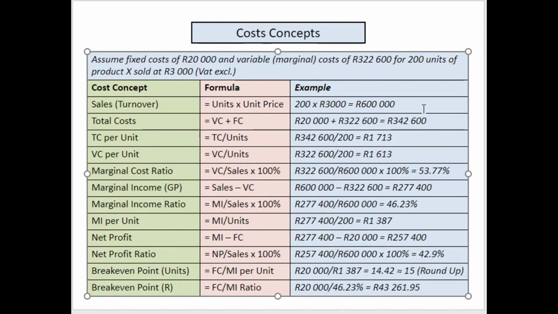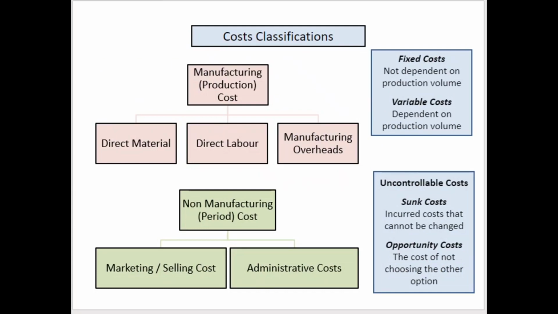Now, what we need to understand is that when we talk about cost, we're talking about the total cost, and the total cost is the sum of the variable cost and the fixed cost. Let's go back here. I said to you, when we classify, we must just make sure that we account for absolutely everything. And this is a simpler classification.